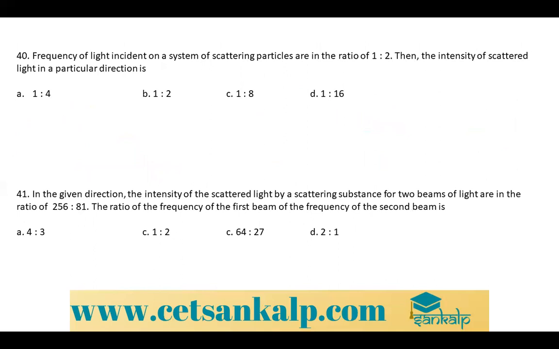Next up. The frequencies of the light incident on a system of scattering particles are in the ratio 1:2. Then what is the ratio of intensity of scattered light in a particular direction? You already know that according to Rayleigh scattering, I is inversely proportional to lambda to the power 4.